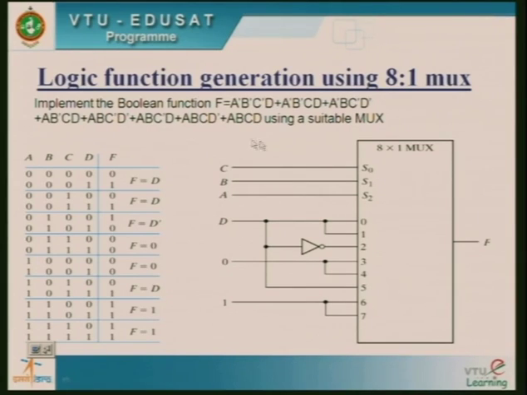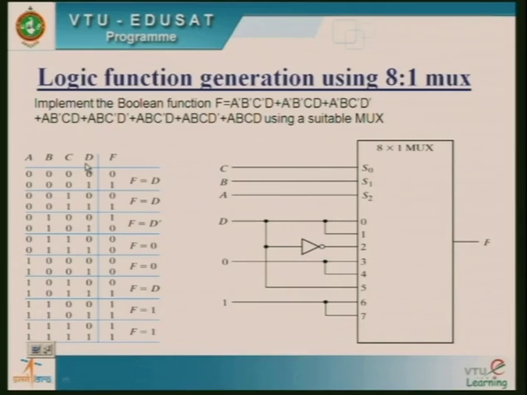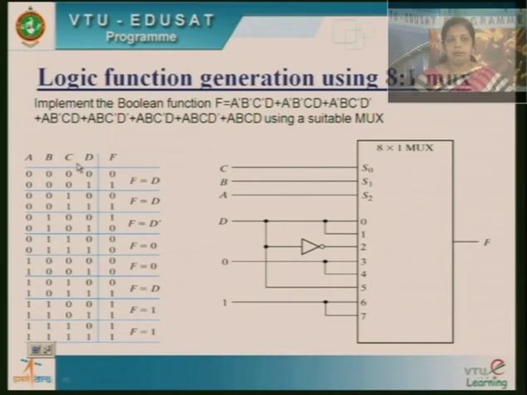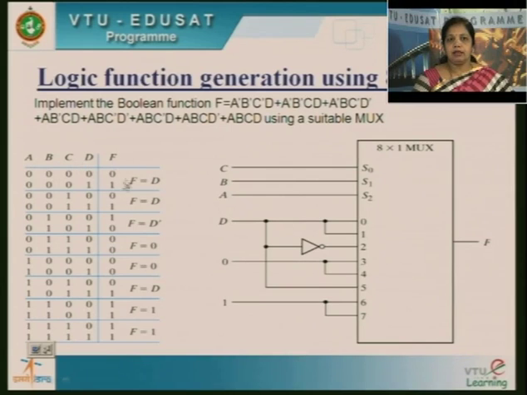These terms are entered in the truth table. Wherever these terms are there, I will be entering logic 1. So these terms represent minterms. Since there are 4 variables A, B, C, D, I am going to take 4 variable inputs, and the function I am going to write at the output side.